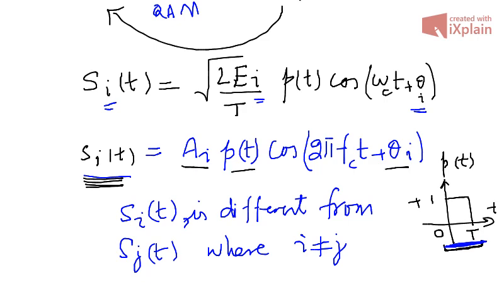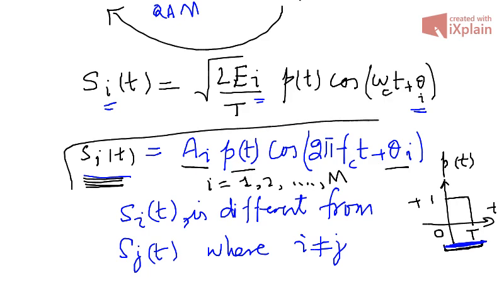And to recall, in this expression i is from 1 up to capital M. We have an M-ary QAM signal. This is an expression for the M-ary QAM signal.